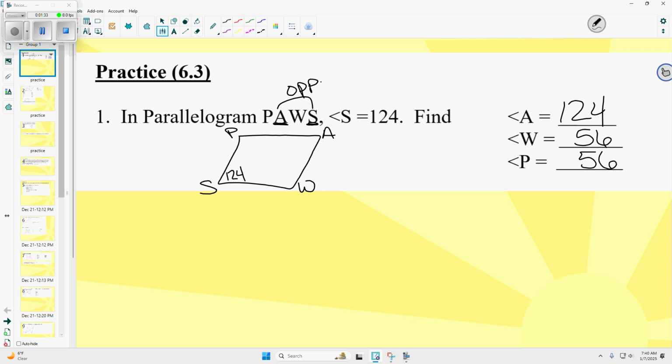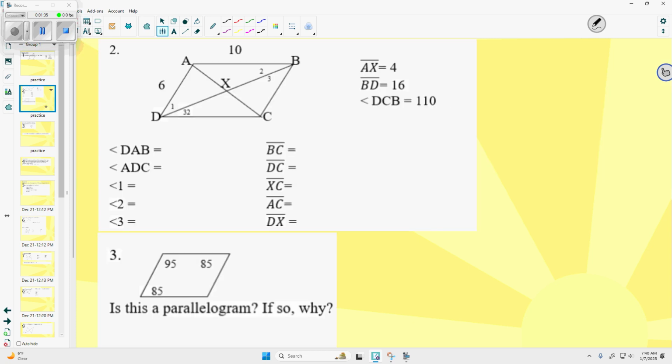All right, number two is the one that has a bunch of information beyond what's just on the picture because there's not enough space on the picture for me to draw everything. Over to the right, it tells me AX is 4, so I know that segment is 4. It tells me BD, this entire diagonal, is 16.